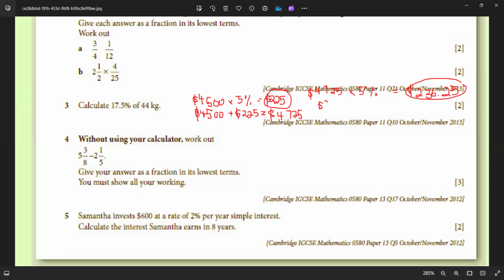Then we add up, it will be the total interest of 2 years. So 225 plus 236.25, we will get 461.25. So this is the answer of the interest that he paid.